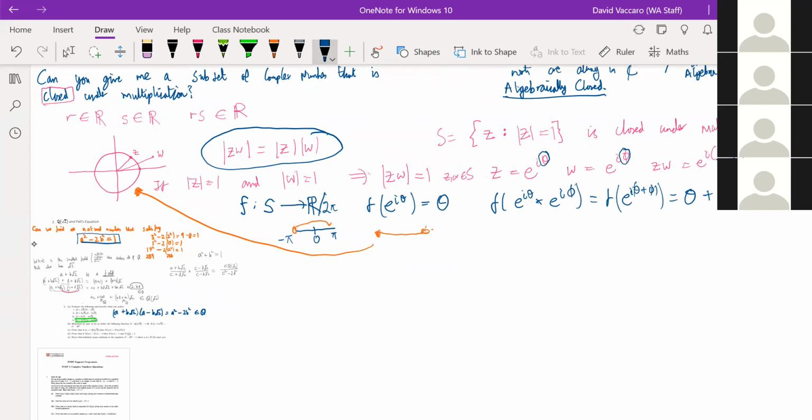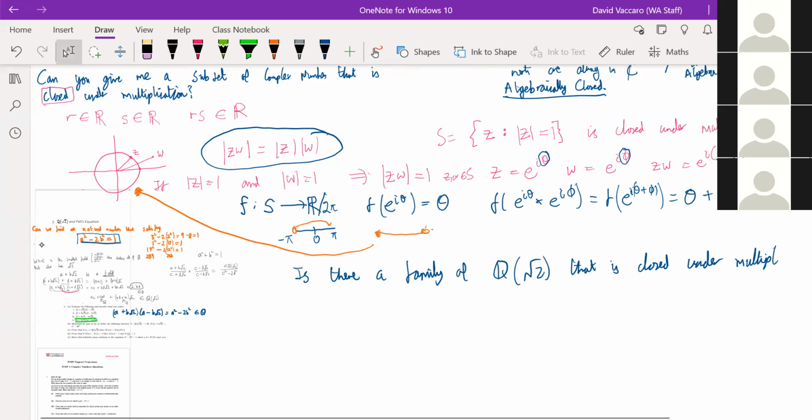Can anyone suggest a similar family of Q root 2 that is closed under multiplication?